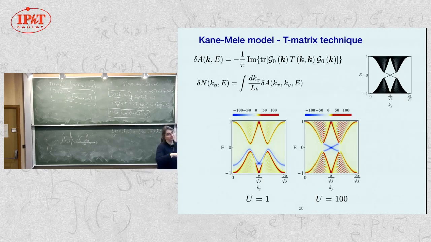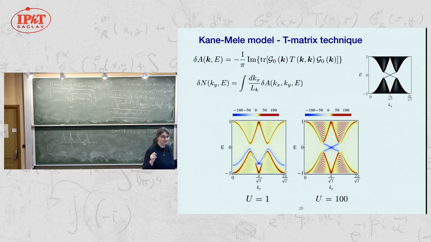It's a correction to the bulk spectral function, which would basically cover this whole part. This correction is changing the bulk spectral function. That's why it's positive and negative. So it's like weight transfer from bulk to the edge. Yeah, exactly.